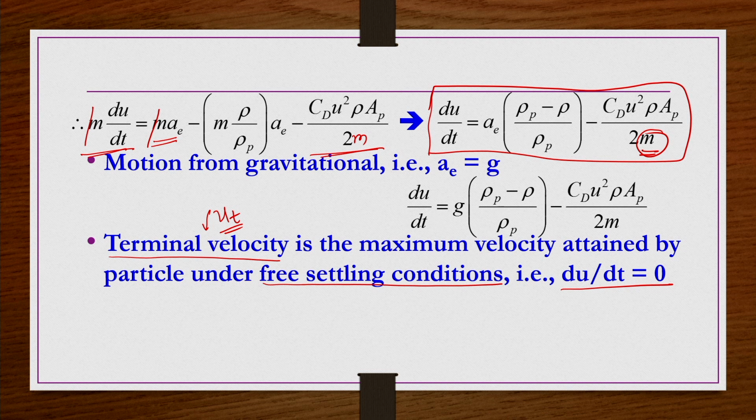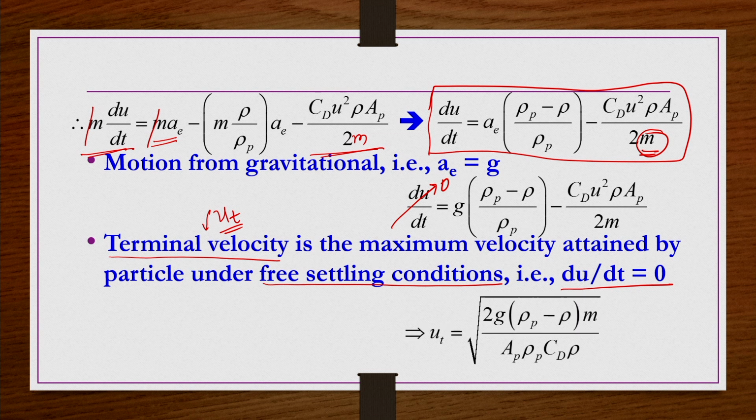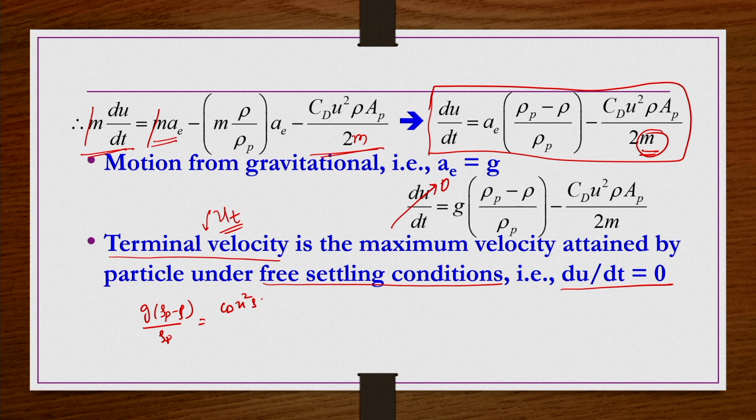So in this equation, if you make du by dt equal to 0 under terminal free settling conditions, then we have g (rho p minus rho) by rho p is equal to CD u square rho AP by 2m.